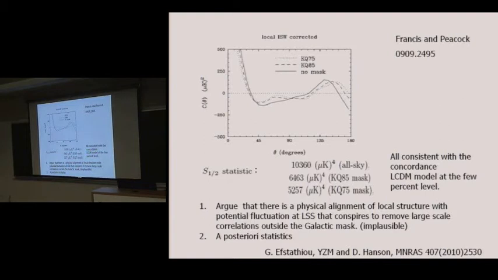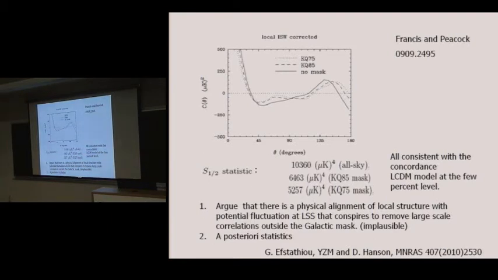So one is a very local structure. The other is something that happens at redshift 1,100. These two things conspire to remove the large scale correlation outside the galactic mask, which is such a theory is really implausible. Otherwise, you have to admit that the statistic you use is an a posteriori statistic.